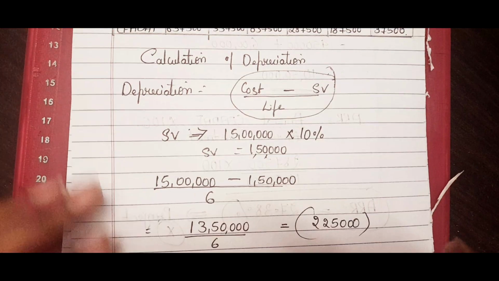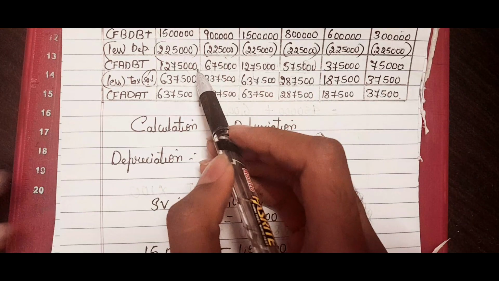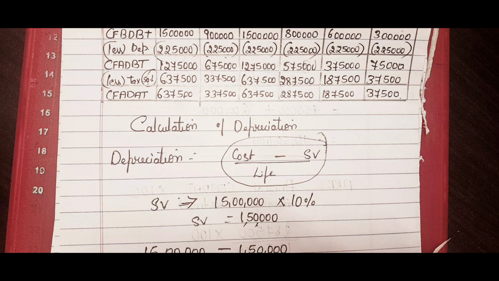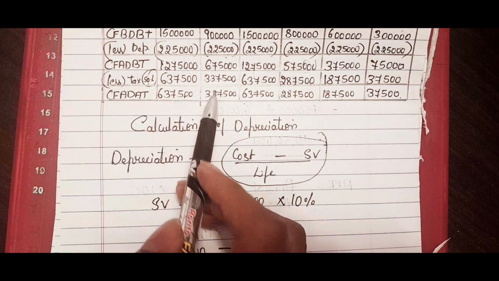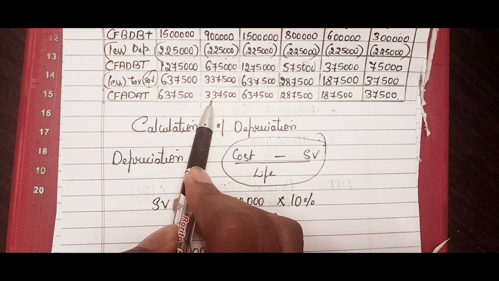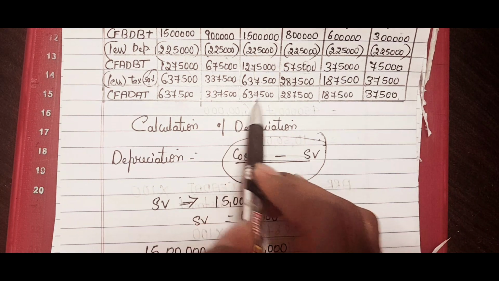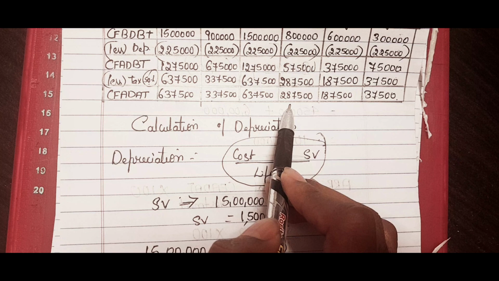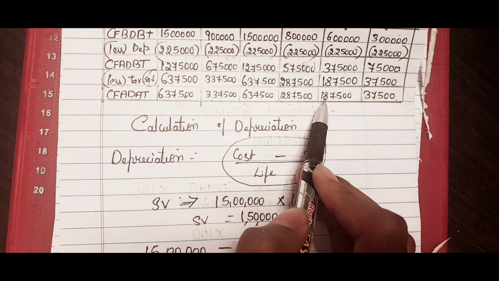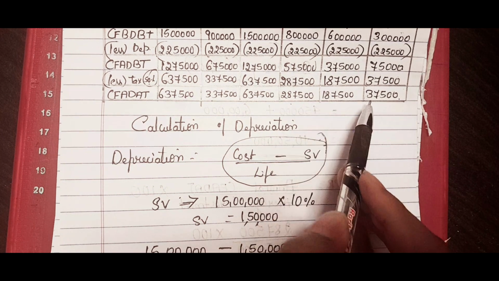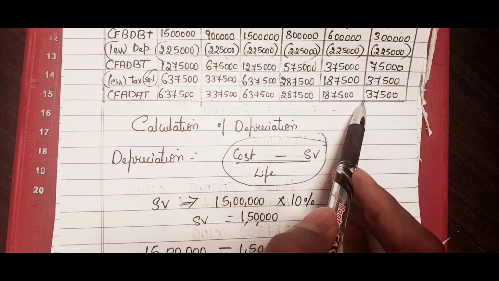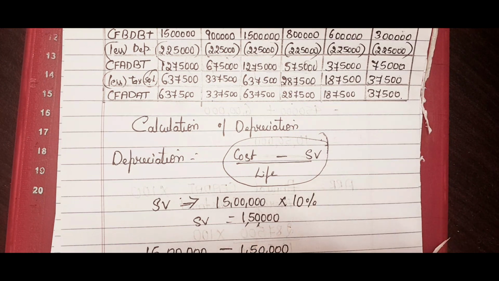So now we have to do the total. 6,37,500 plus 3,37,500 plus 6,37,500 plus 2,87,500 plus 1,87,500 plus 37,500. When you add everything, we get the total CFADAT.